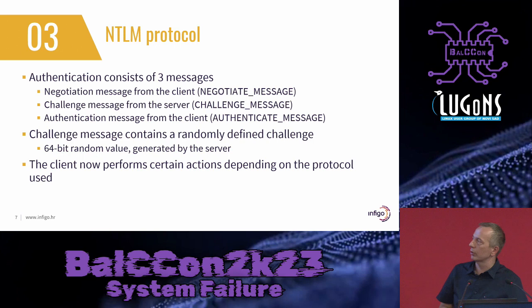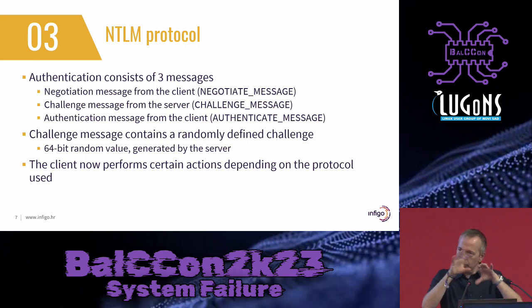The NTLM protocol itself, as I said, since it's a challenge response protocol, consists of 3 messages. So when you click on a share in your company, if Kerberos is not used, and I'll talk about cases when Kerberos is not used, if NTLM is used, what happens is that your laptop sends a negotiate message to a server, and the server replies back with a challenge message.